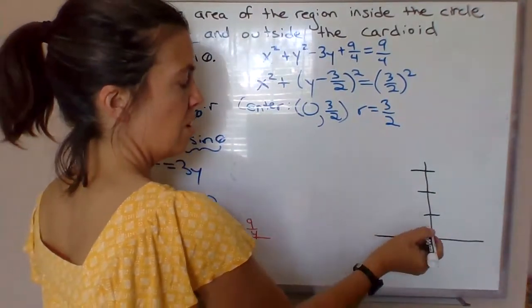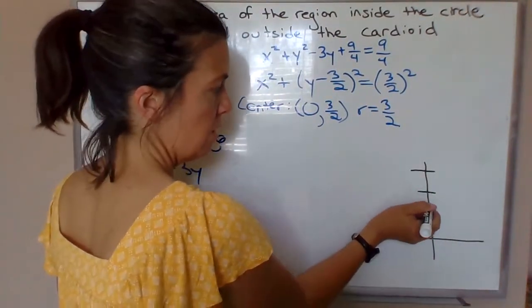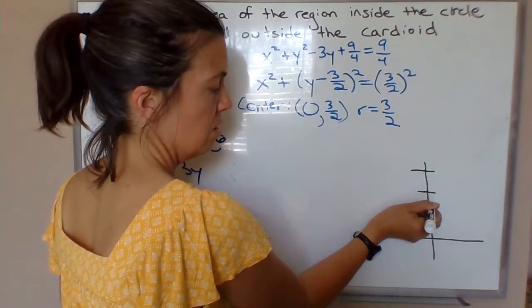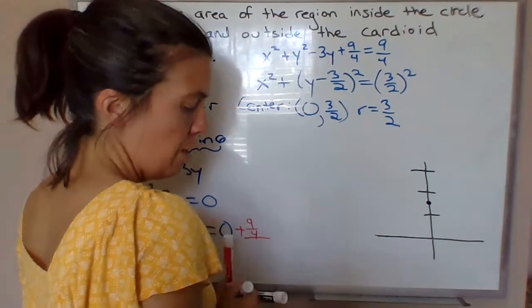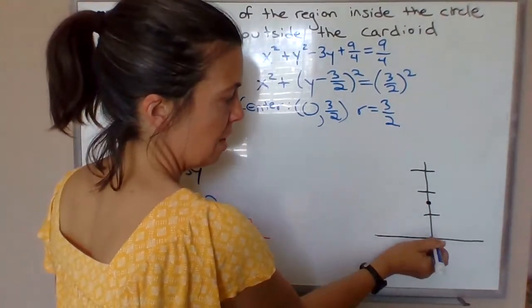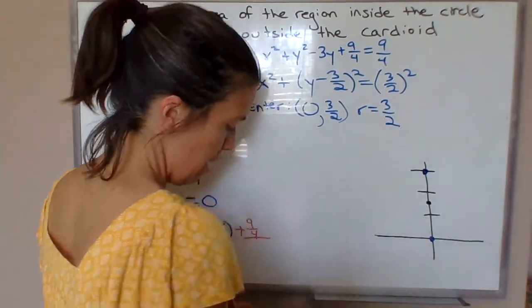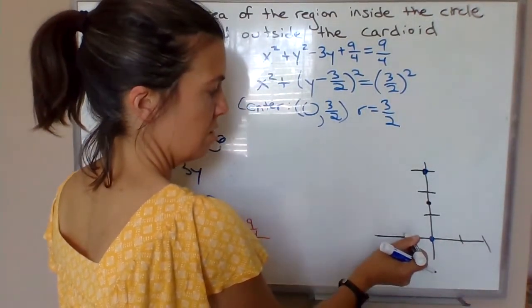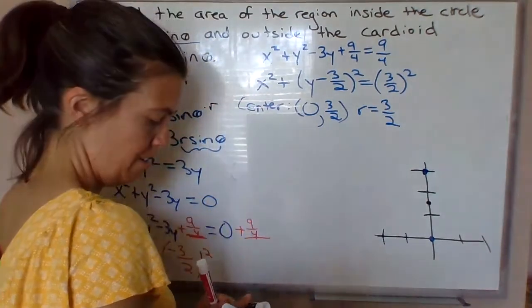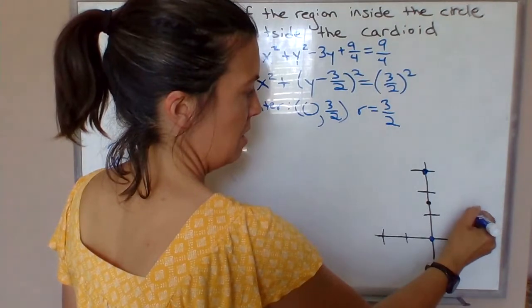The center is at 1.5. So x coordinate is 0, y coordinate is 1.5, so that's here. Radius is 1.5. So if I go 1.5 units down, 1.5 units up, and then 1.5 units to the left and right, which I'll label here. So 1.5 would be about here.